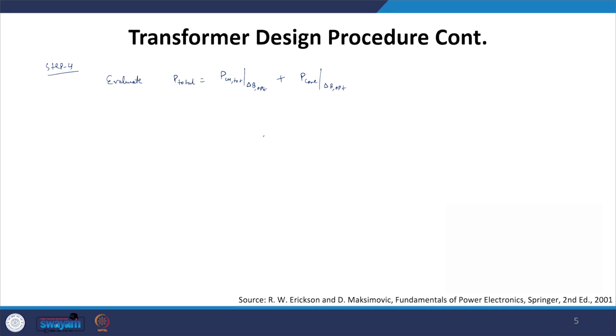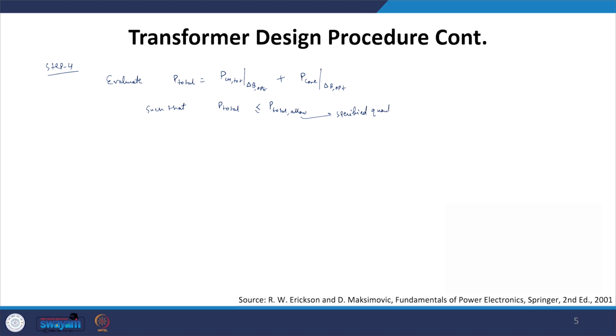Now this P total value, which is the minimum value which we obtain at delta B optimum, should be such that the P total value we are obtaining here must be less than or equal to P total allow, which is the allowed total loss in the transformer, which we obtain from the loss budgeting, that means one of the specified quantities.